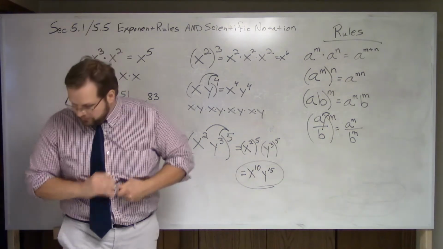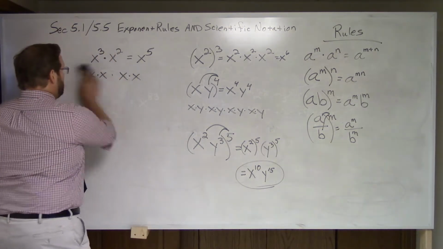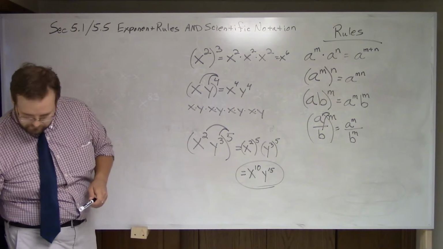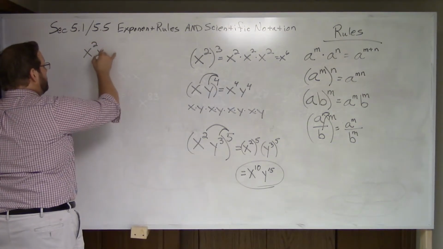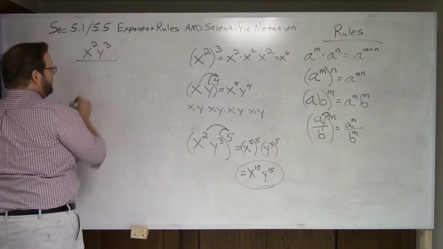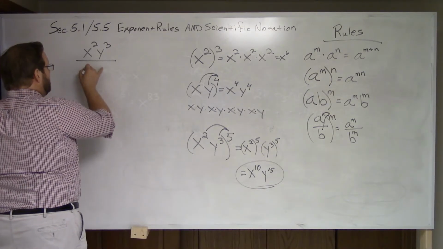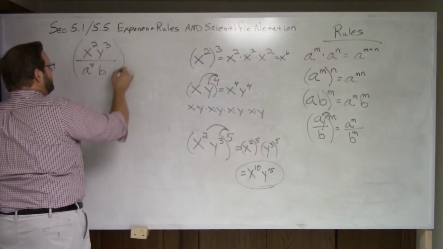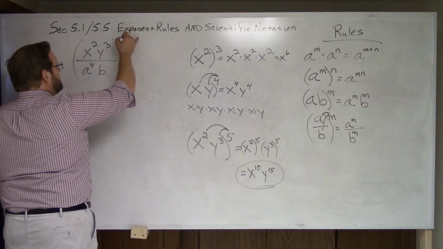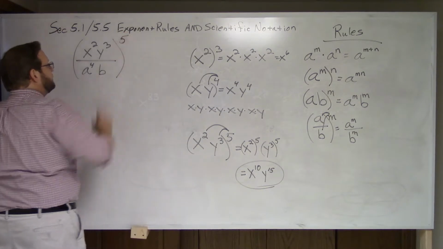Let's look at an example. Let's say we have x squared y to the 3rd over a to the 4th b, and then that whole thing raised to the 5th power.